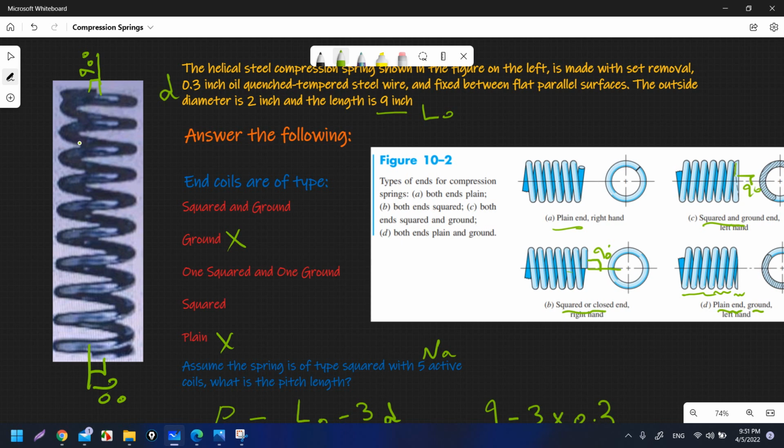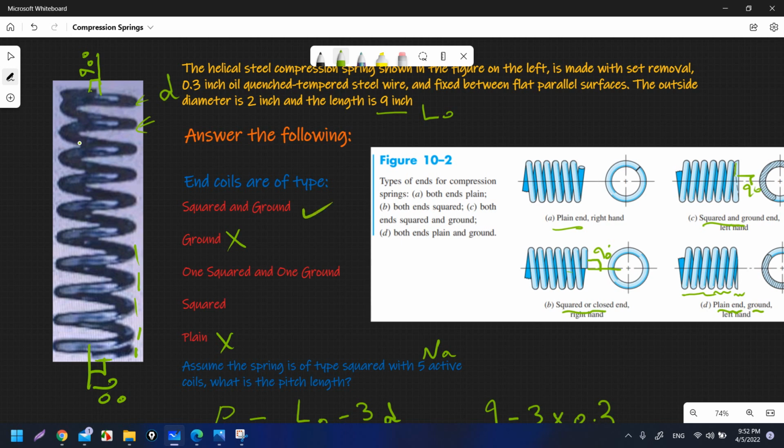This one is small compared to the other coils here, which means the wire was cut, so it is ground also. So I have squared and ground. From here it is small, and also from here it is not the same as this one. So it is ground from both ends, and also squared from both ends. So it is squared and ground, not one squared and not one ground.